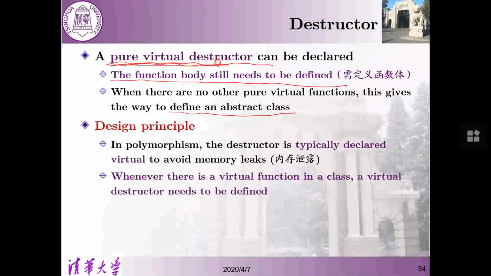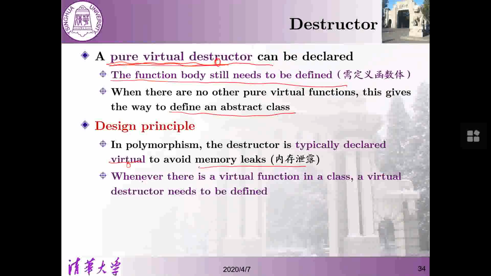So the design principle is that in polymorphism, the destructor is typically declared virtual to avoid memory leaks. Be careful about that. We will have an example later and show you why this is the case.